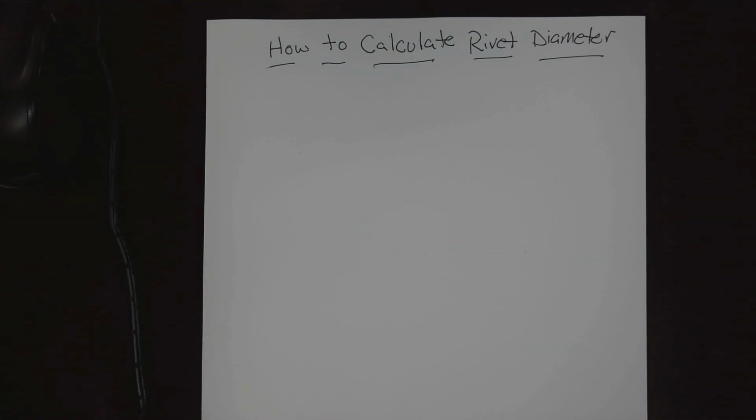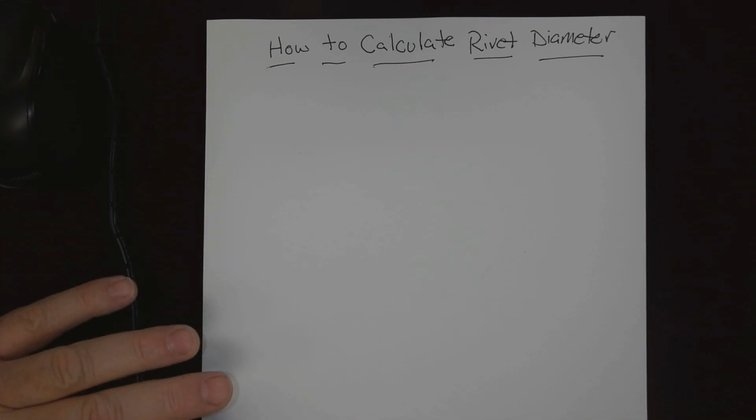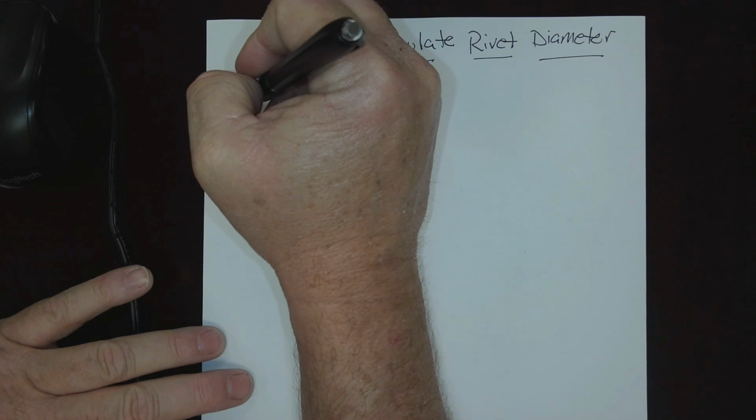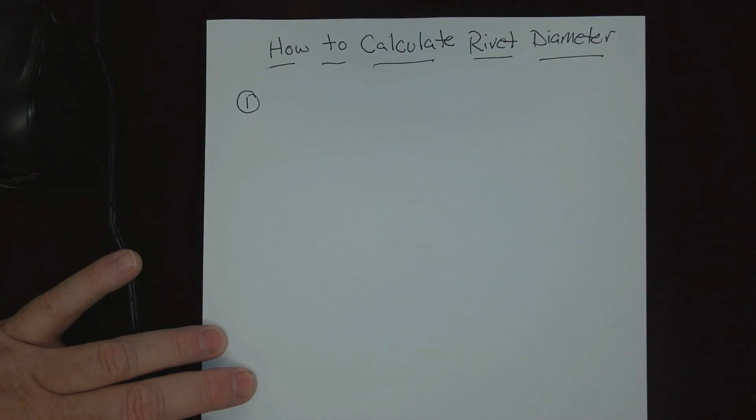I want to talk on this particular video about how to calculate rivet diameter. There are two rules that we'll need to know and be able to use in order to select the proper rivet for a stack up of metal that we'll be drilling.